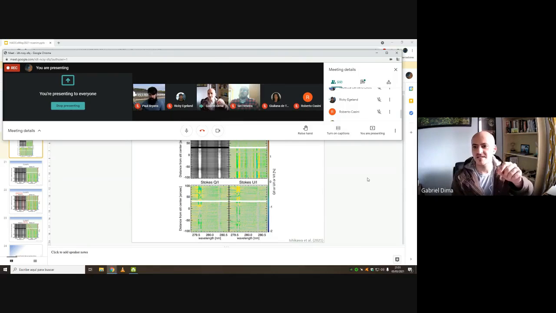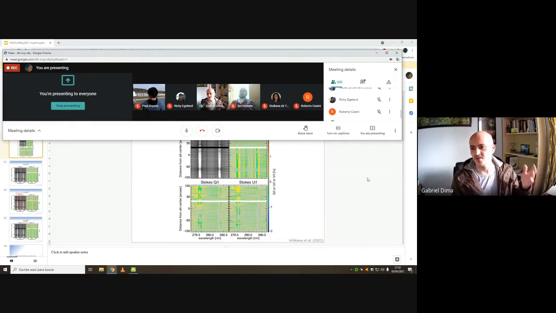It would be nice to see a plot for helium like the ones you've been showing with the formation height of the helium signal, but this is 10830, so I think that definitely strengthens your argument for the field being more horizontal near the top. And this plage region was near an active region too.